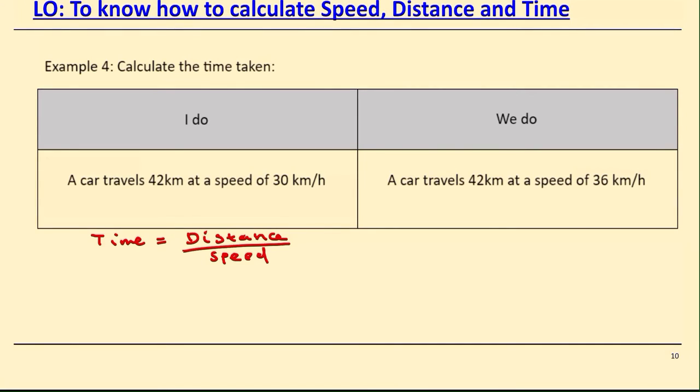We are going to have to identify the distance taken, which is 42, and then the speed, which is 30. We do 42 divided by 30, which equals 1.4.